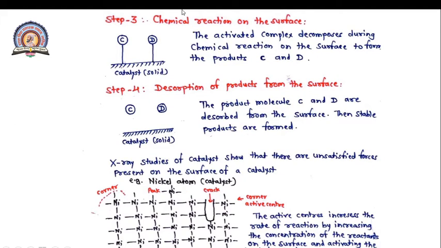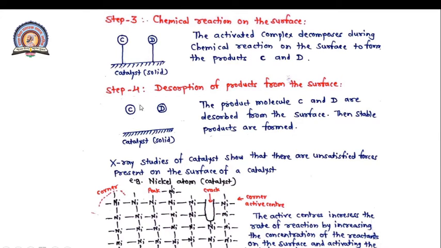Then step 3, the chemical reaction on the surface. Here, on the solid catalyst, the chemical reaction takes place. The activated complex decomposes during the chemical reaction on the surface to form the products C and D. Then the further step, desorption of products from the surface.